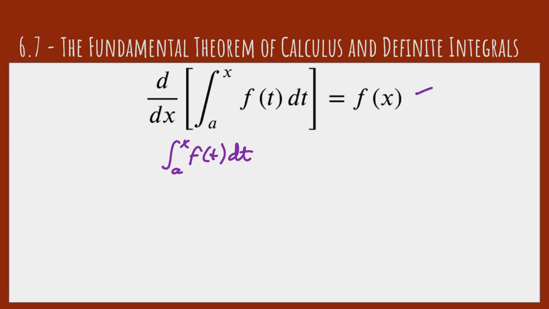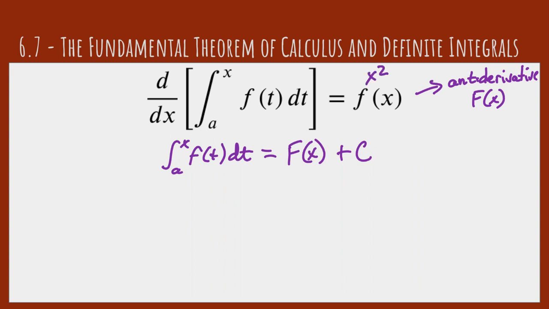So I'm going to call the antiderivative of this big F of x. Okay, so again, I don't know what it is, but I'm going to call it big F of x. And remember, when we take an antiderivative, there's really a constant of integration here. So I took the derivative of, let's say, for example, x squared.